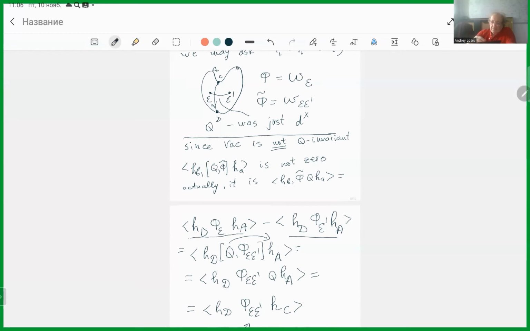Isn't that difference of the boundaries kind of like the integral over the path of d of phi? So here I try to write down things both abstractly and geometrically. In the abstract setting, we are changing phi e to phi e prime.